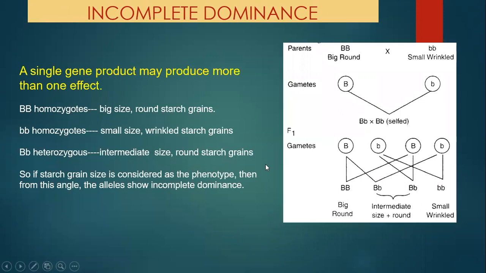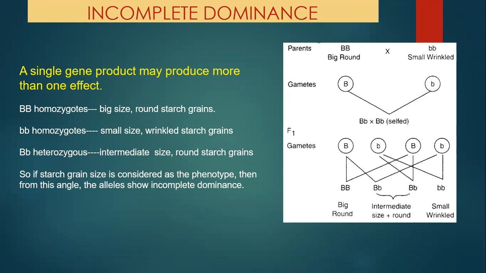Now there were other variations also seen apart from Mendel's law of dominance. According to Mendel, one allele or one gene controls only one trait. Capital T controls only the tall character and small t controls only the dwarf character.